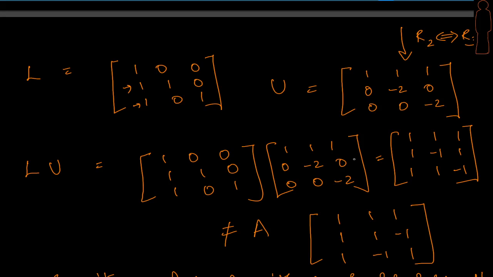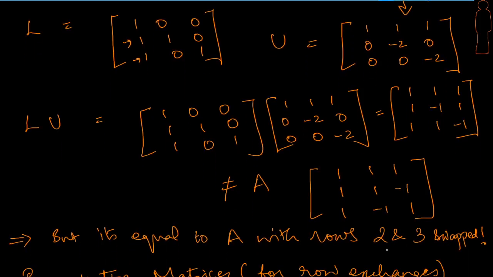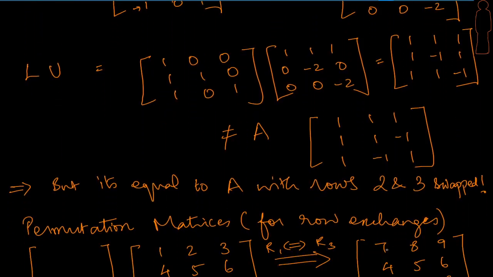The observation is that look at A. A is 1 1 1, 1 1 minus 1, and 1 minus 1 1. Here you see that these 2 rows, if we could have swapped them, I think we would have got our A back, right? Okay, so what do we do? So what we observe is LU is not equal to A, but it is equal to A with the rows 2 and 3 swapped, right?